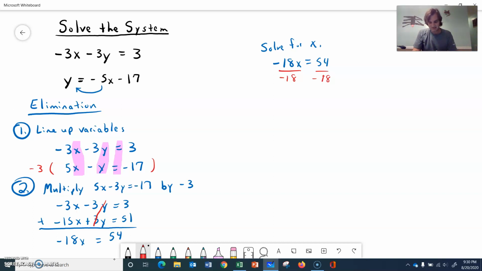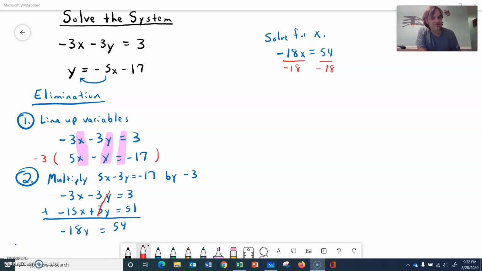Having a little doubt here. 54 divided by 18 is 3. Trying to figure out why I have 3 for x. I'm going to pause while I think here for a moment.